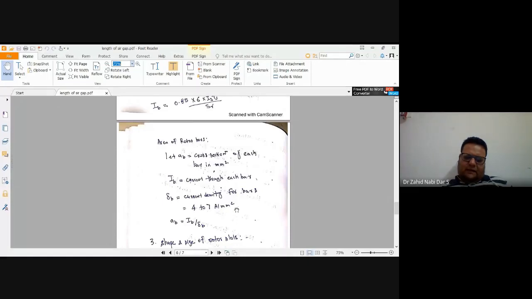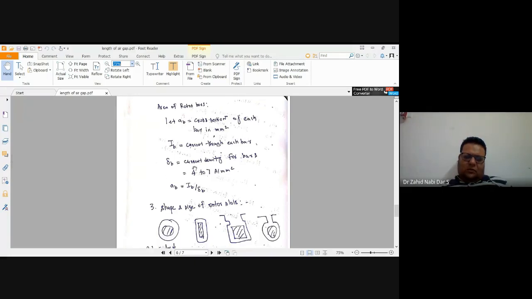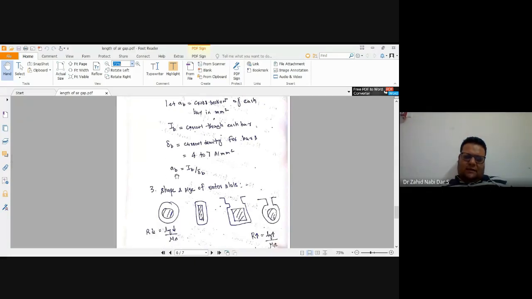If the main dimensions are given in meter, millimeter square would be divided by 10 power minus 6, so it becomes 10 power 6. So you have to be very careful with respect to current density, and in numerical problems, when you are substituting this value, you have to see what dimensions are given and what dimensions you require for the length to calculate. So with this current density, the area Ab is equal to Ib by rho b.